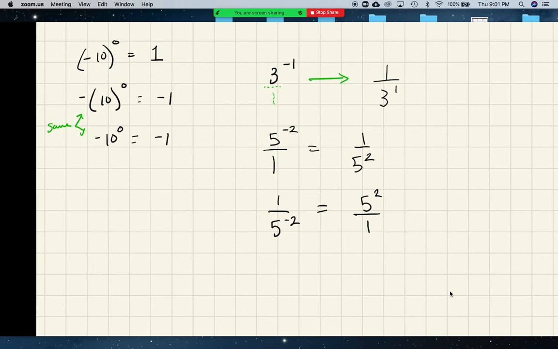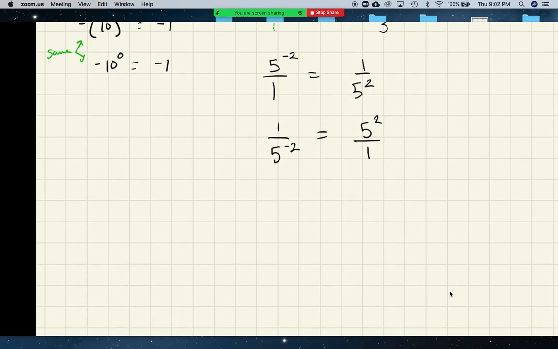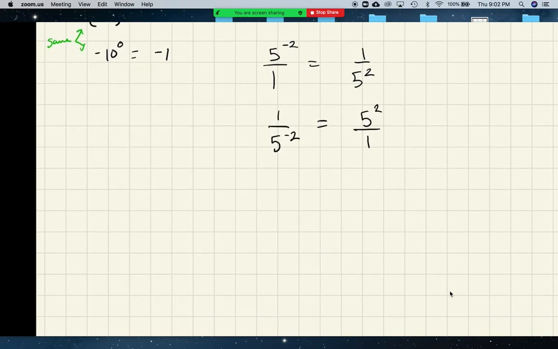The tricky part is when this is not a 1, just because it's confusing. Let me try and write down some stuff. 3 over 2 to the negative 2. For any number, I could multiply the top by 1.